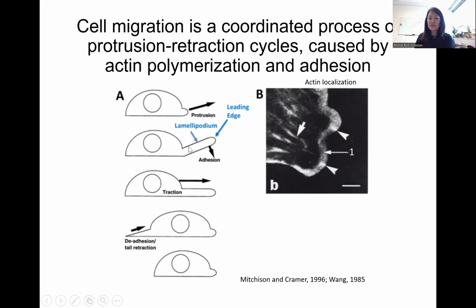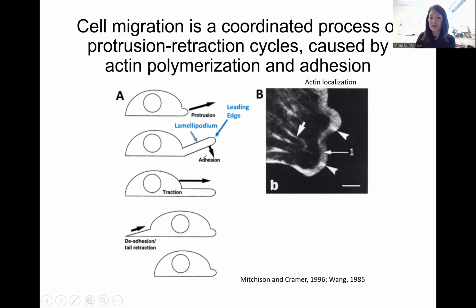So the forces required to push out that plasma membrane to make this protrusion, this lamellipodium, are mainly actin mediated. Now if you do a top view, looking down on a cell migrating on a dish, all the white stuff here is the actin localization in that cell. You can see that there's a rich, actin-dense network right at the front of the cell where it needs to push out.